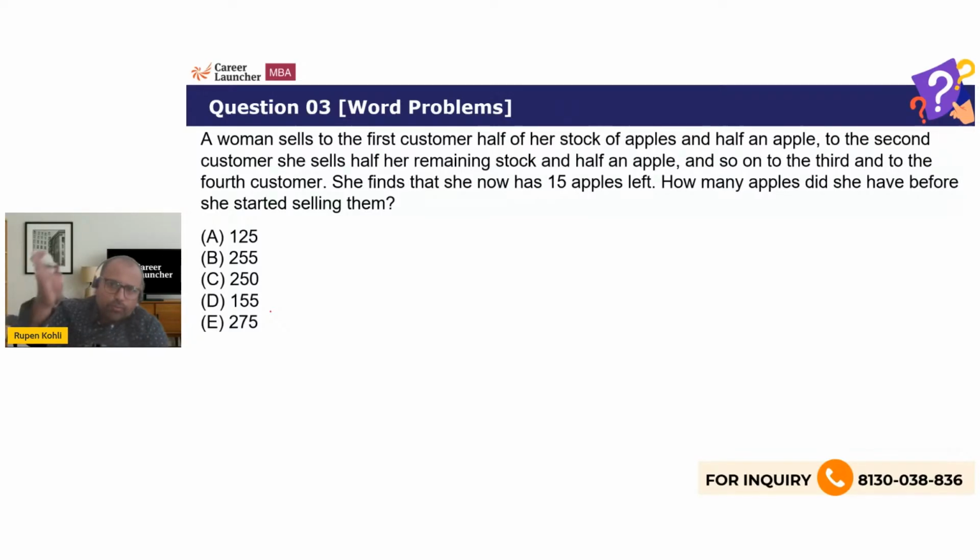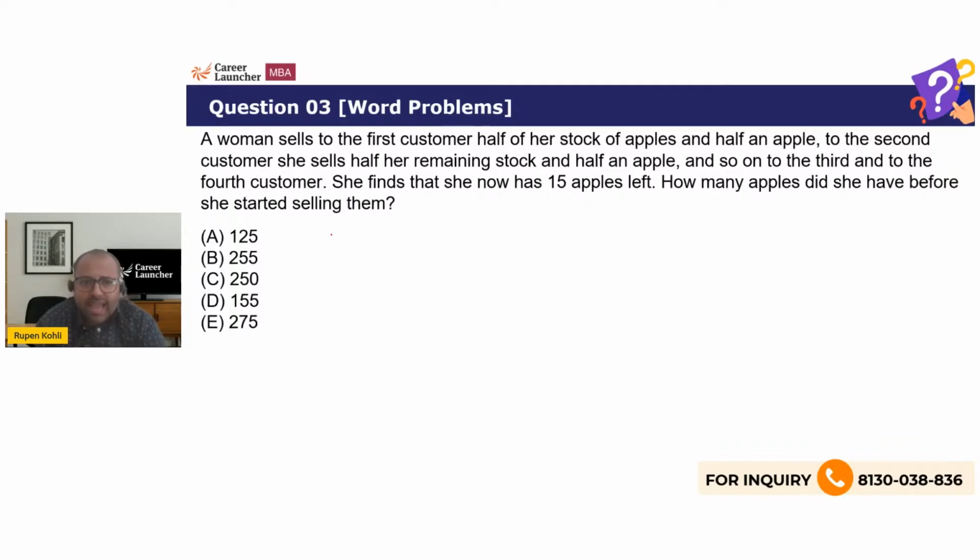So you need to go step by step to the previous customer and keep on finding how many apples this woman starts with before reaching a certain customer. So before reaching the fourth customer, because after giving to the fourth customer she's left with 15.